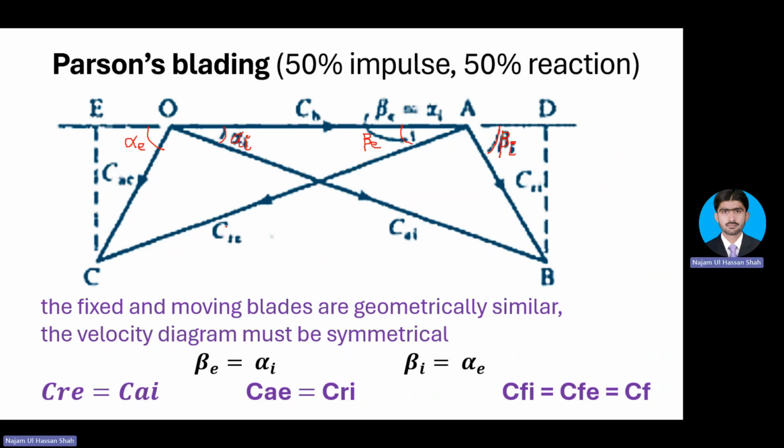Then the opposing sides are also equal. The CRE will be equal to CAI. And similarly, CAE is equal to CRI.